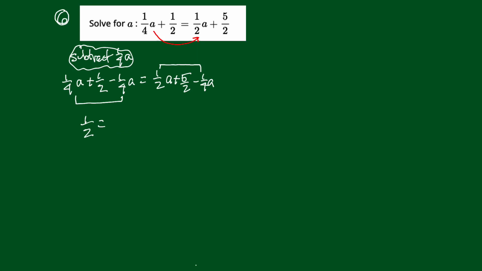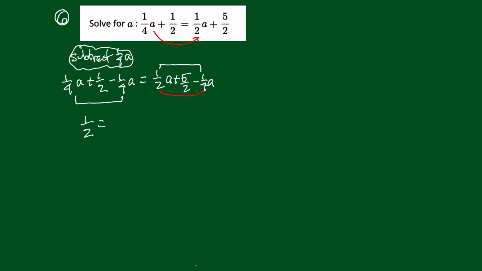I'm going to convert to a common denominator. Now, a common denominator between 2 and 4 is 4, right? Both these numbers, 2 and 4, go into 4. To get from 2 to 4, I have to multiply by 2. So I'll multiply the bottom by 2, the top by 2.